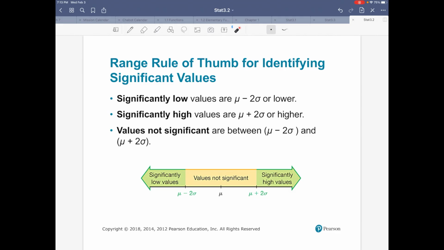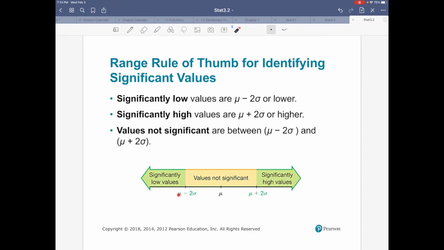To identify the significant values, we are going to use the mean and standard deviation. So on the number line, I will have the mean in the middle. This number is the mean plus 2 times the standard deviation, which is the number that is 2 standard deviations above the mean.